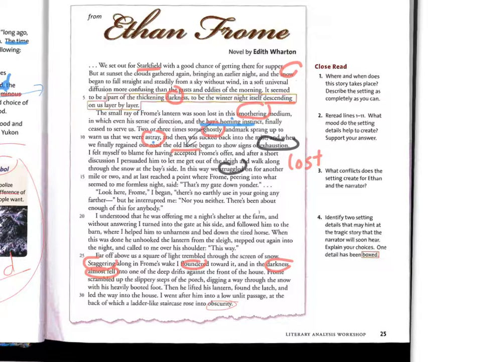And this last question, question 4, the setting details. It says that the details have been boxed for you. Okay, or one detail has. A part of the thickening darkness, you see it? To be the winter night itself descending on us layer by layer.